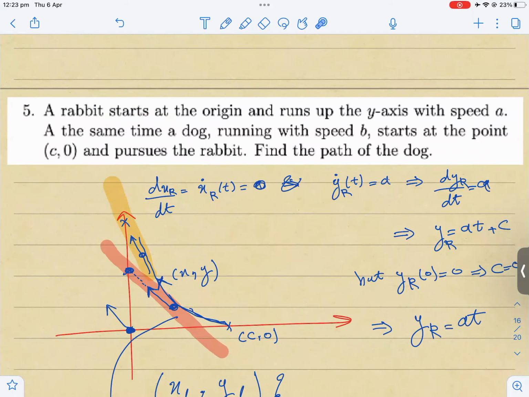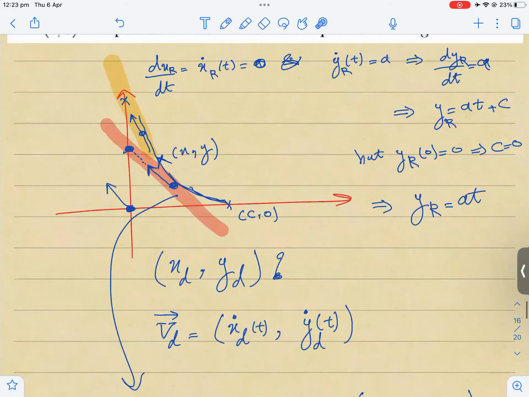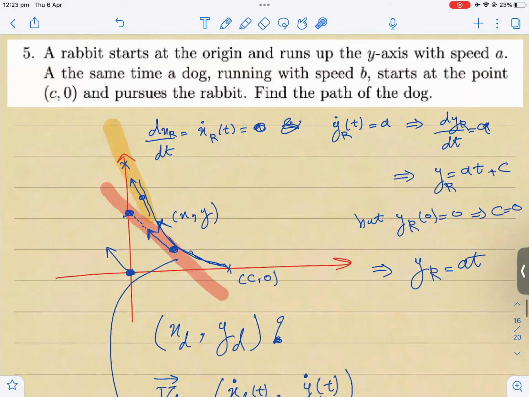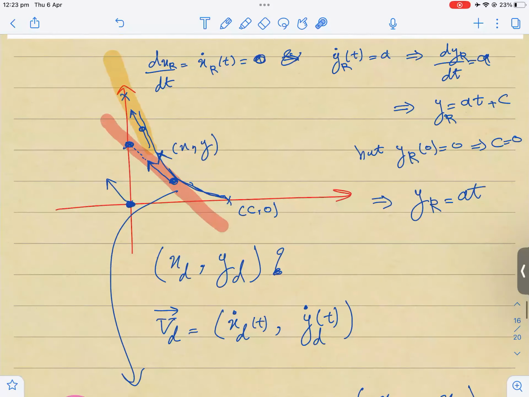Now, we have been asked to model the path of the dog. What does that mean? It means at any arbitrary point here, we need to know what XD and YD are.